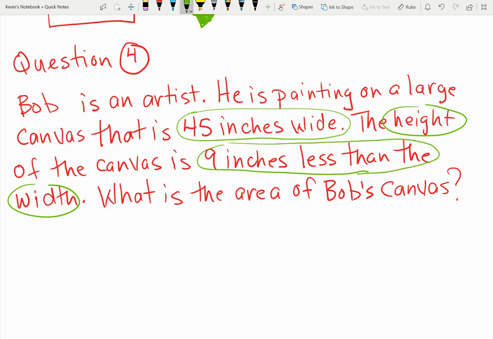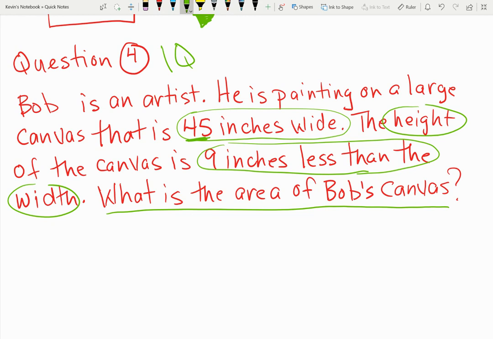So think about what that's saying. And we know the width is 45 inches wide. So it's telling us the height is 9 inches less than the width. And let's underline the question. What is the area of Bob's canvas? So we're only going to have to answer one question.